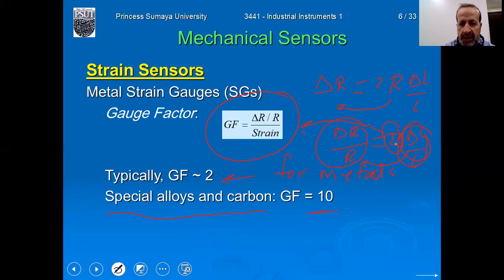The gauge factor is a very important factor, because it describes how sensitive the strain gauge is. With a larger gauge factor, we have more sensitivity: we will get more delta R, more change in resistance, for the same strain.